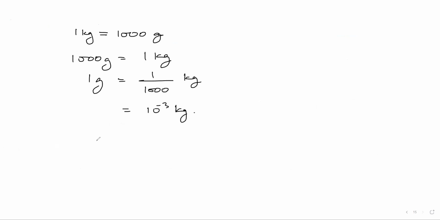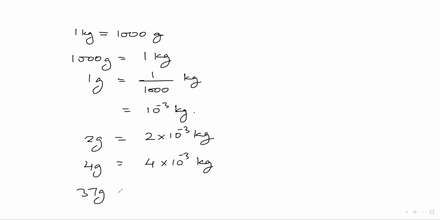So if I say 2 grams, this will be 2 into 10 to the power minus 3 kg. If I say 4 grams, this will be 4 into 10 to the power minus 3 kgs. Here we have 37 grams. So this will be 37 into 10 to the power minus 3 kgs.